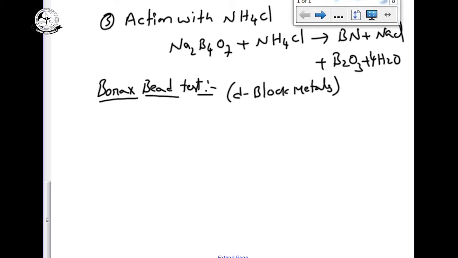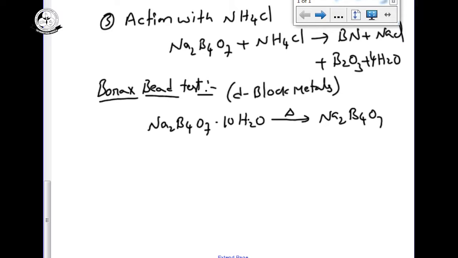On strong heating, borax first loses its water, Na2B4O7.10H2O giving anhydrous Na2B4O7, and on further heating it converts into a transparent liquid.